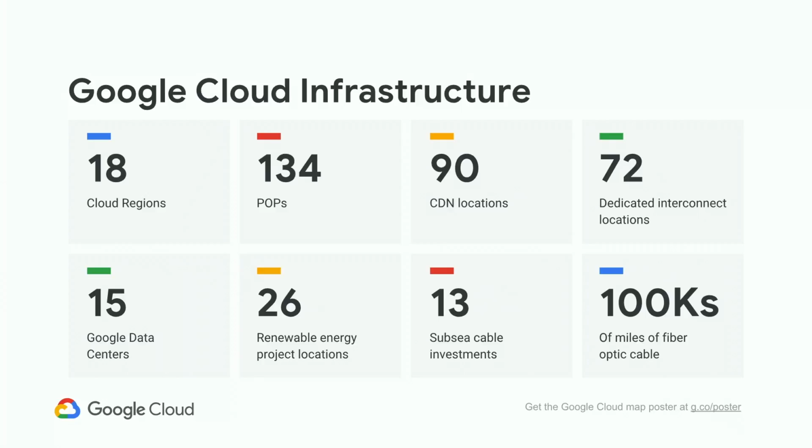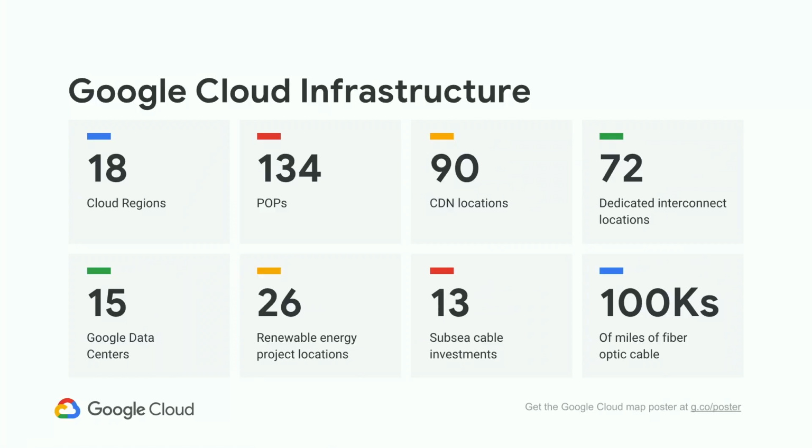Now let's look at some of the specifics around our global presence, which is, again, very important to our customers. Google Cloud Platform has 18 regions that are live today, and we will continue to expand by opening more regions in the next several months. Switzerland, Japan, Indonesia are some of the upcoming data center regions. Also, we have 134 POPs, or points of presence.